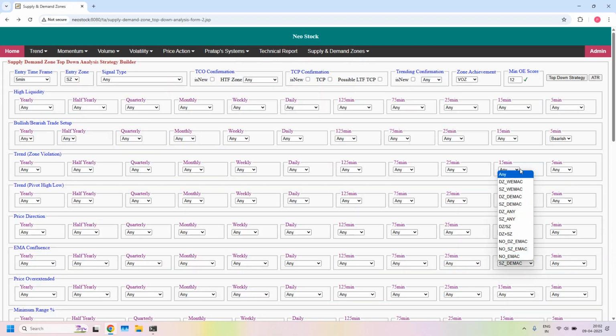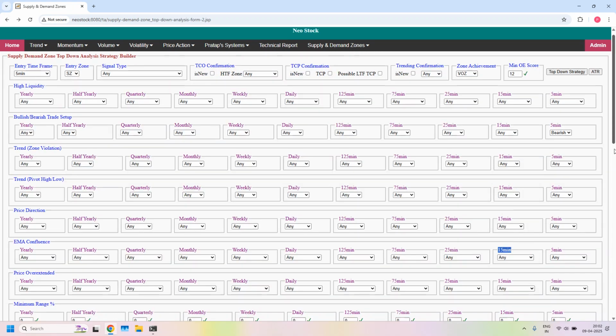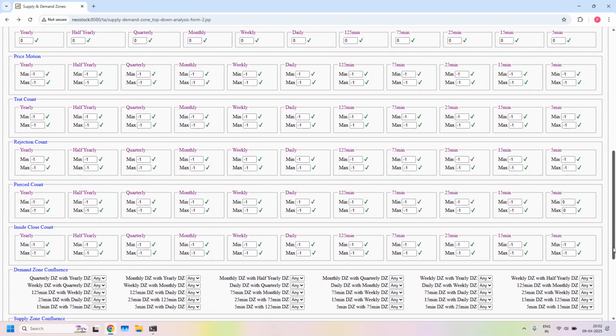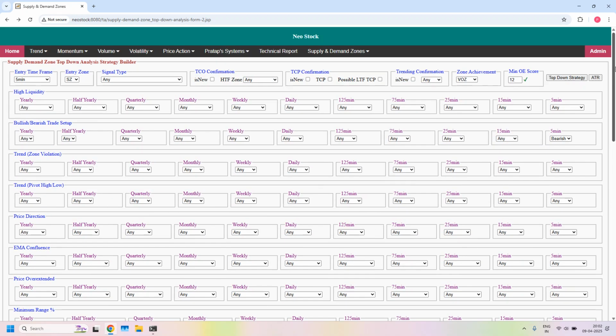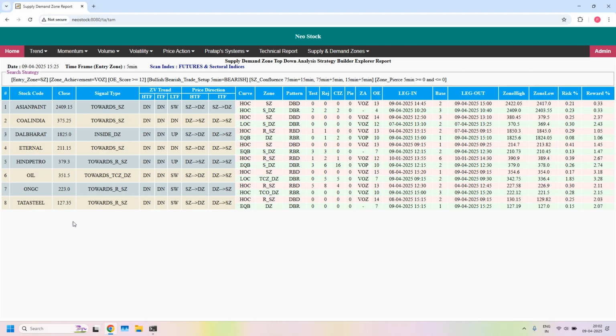Now let's check LTF, ITF, HTF zone confluence supported stocks. 5 minutes with 15 already enabled. Next, 5 minutes and 75 minutes zone confluence, and 15 minutes and 75 minutes supply zone confluence. With all 3 filters, we got 8 stocks.